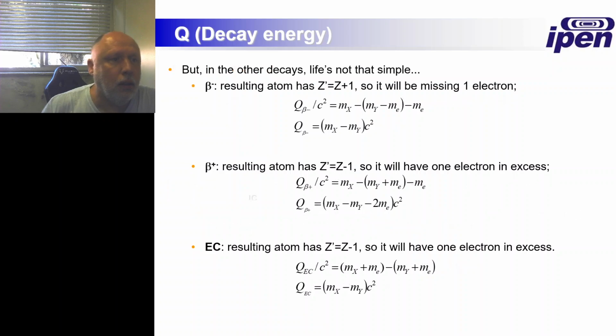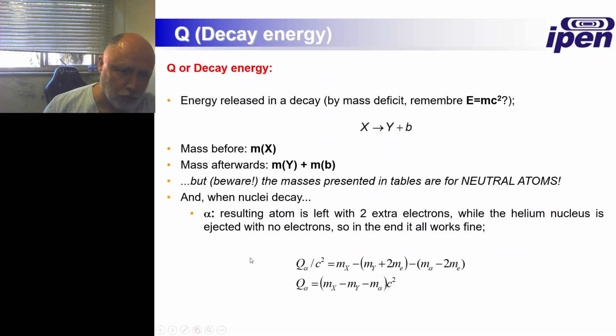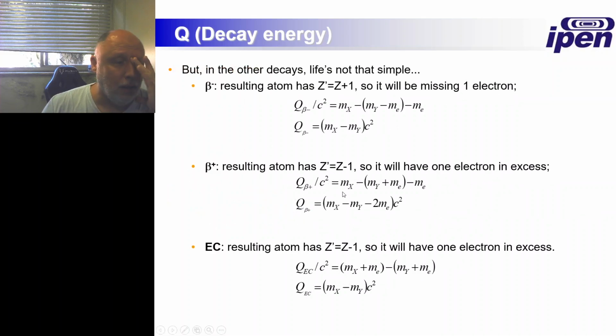Now, if we look at the other decays, life's not that simple, because I told you on alpha decay electrons did cancel out, right? On beta minus, we have a resulting atom with one proton more, but still have the same number of electrons, so it's missing one electron.